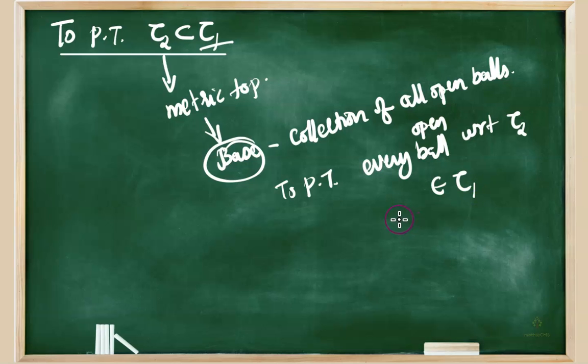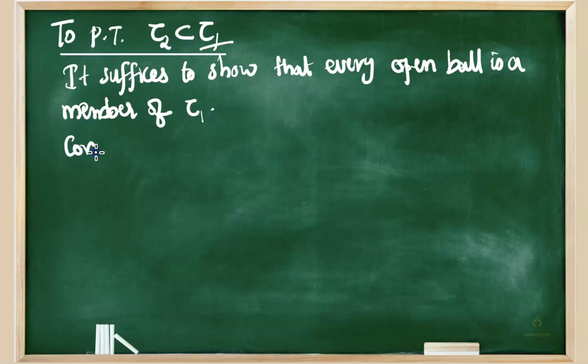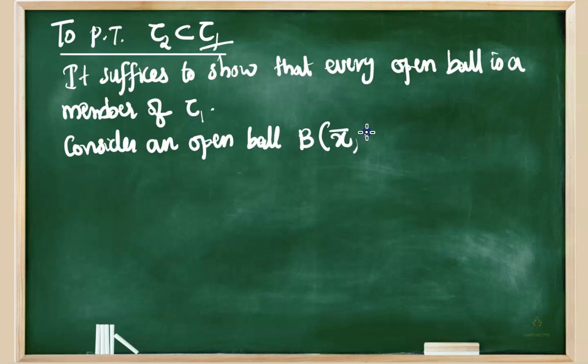So we will be considering an arbitrary open ball with respect to τ2 and we will show that this open ball is a member of τ1. Then we can conclude that τ2 is a subset of τ1. Now let us consider an open ball, say B(x bar, r).